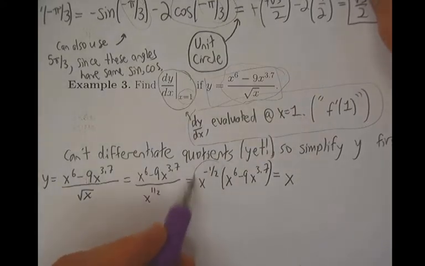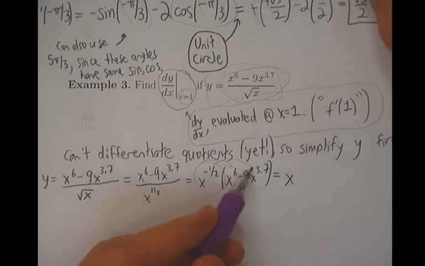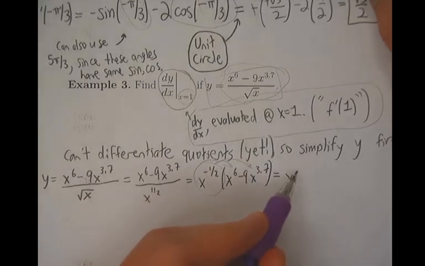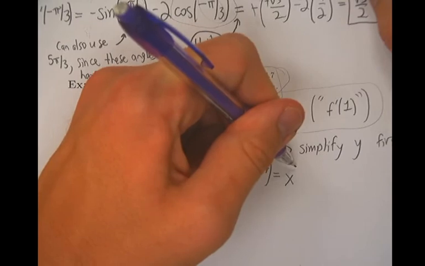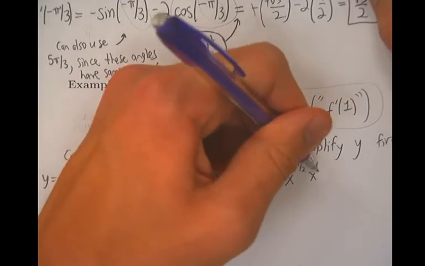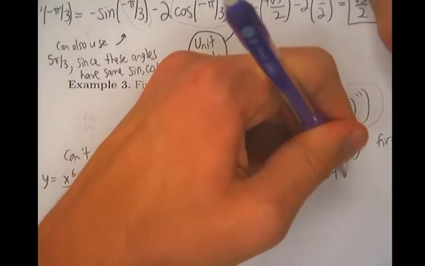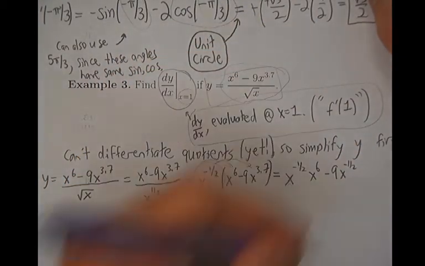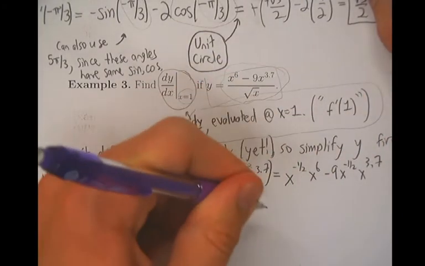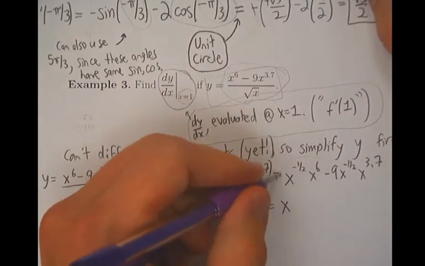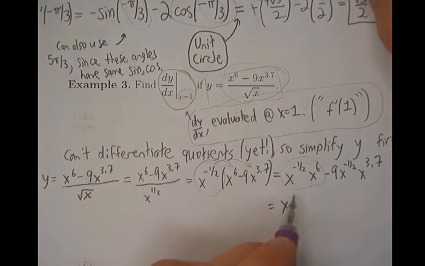If we distribute the x to the negative 1/2 into both terms, then the first term is x to the what? Remember, we're doing x to the negative 1/2 times x to the 6th, right? That'd be the first term. And similarly, the second term is 9 times x to the negative 1/2 times x to the 3.7. So the first term would just be x to the what power?